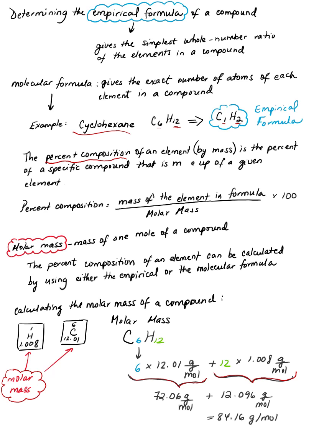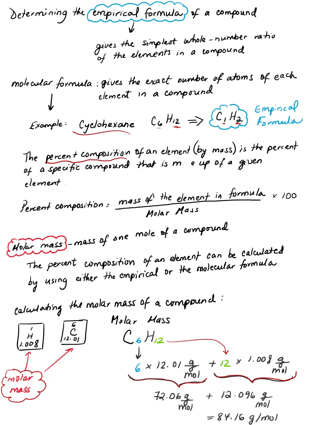My subscript 6 is telling me how many carbons there are in the formula. So I have 6 times 12.01 grams per mole, since every carbon has that mass, plus you have hydrogen, the second element in your compound. 12 hydrogens, so my subscript comes here. The mass for every hydrogen is 1.008 grams per mole.